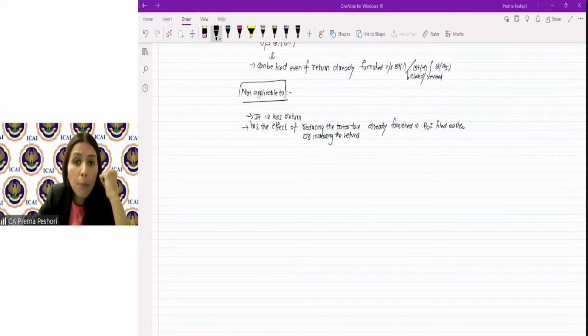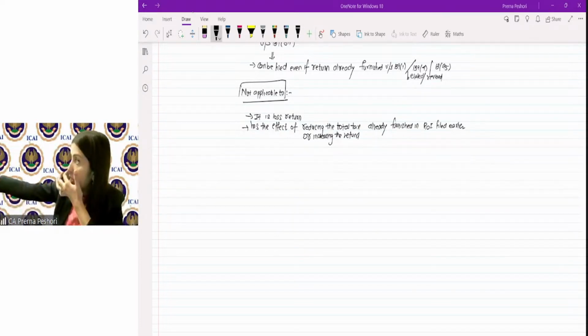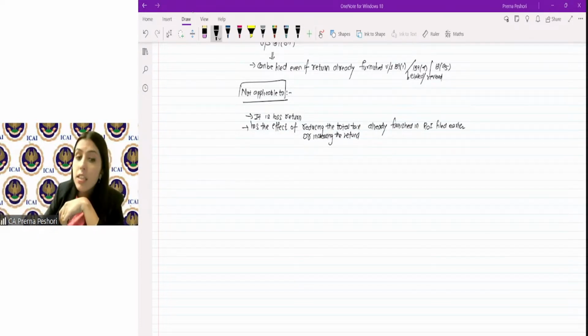Or where the assessing officer has information that the person is involved in smuggling or foreign exchange manipulation, or prohibition of benami property transactions, or the Prevention of Money Laundering Act or the Black Money Law. In these cases, the updated return cannot be furnished.